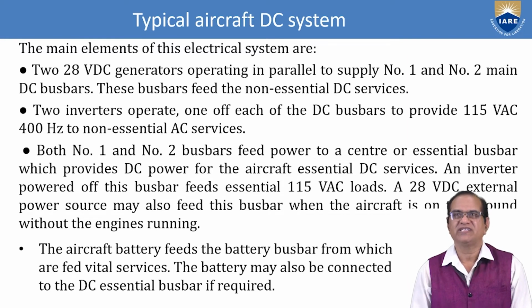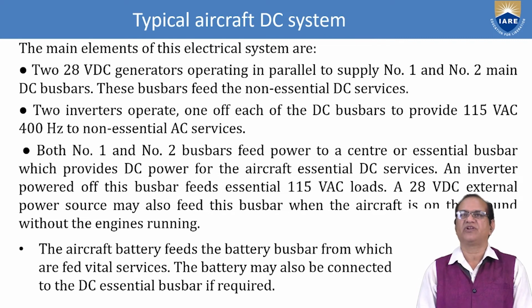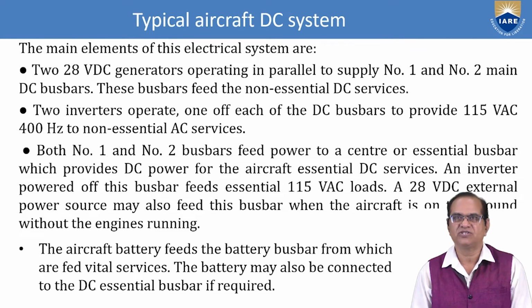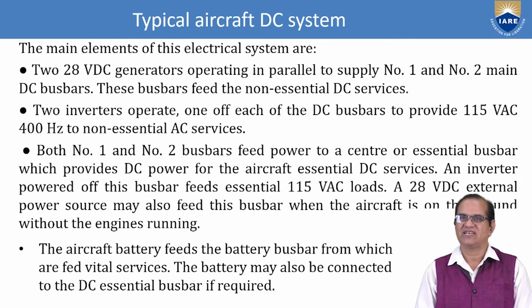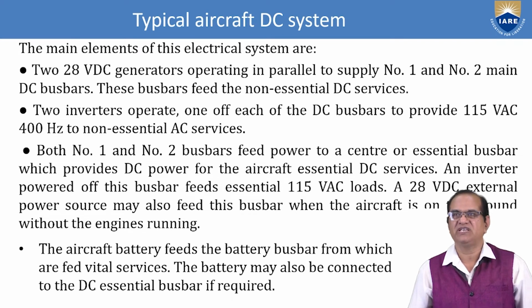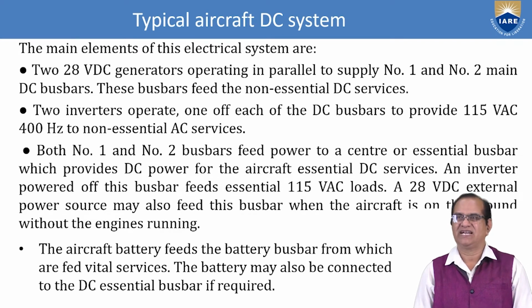Two inverters, one on each of the DC bus bars, provide 115 volt AC, 400 Hz to non-essential AC services. Both number 1 and number 2 bus bars feed power to a center or essential bus bar, which provides DC power for the aircraft essential DC services.